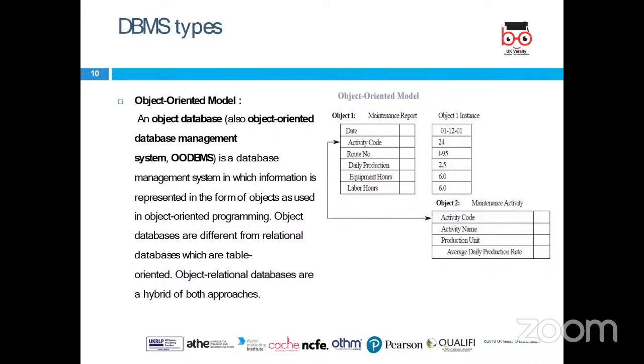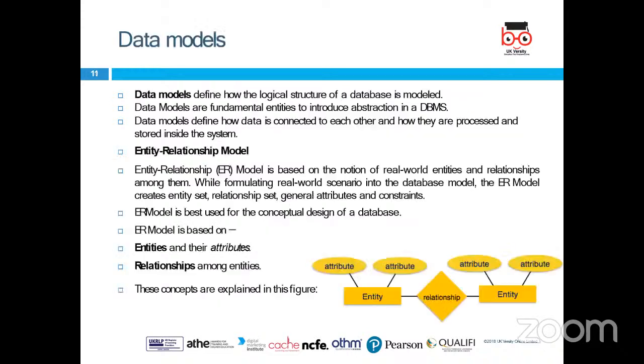Also there are different forms of relational database which are table-oriented. So as you can see, the previous one and the object-oriented one are pretty much based on the same structure, with the only slight difference being that object-oriented is more focused on handling objects created with a programming language.